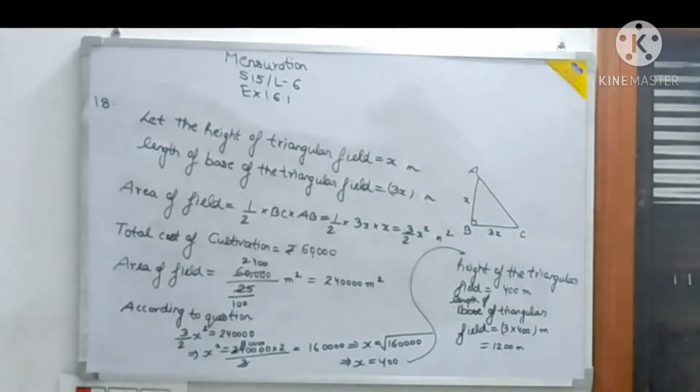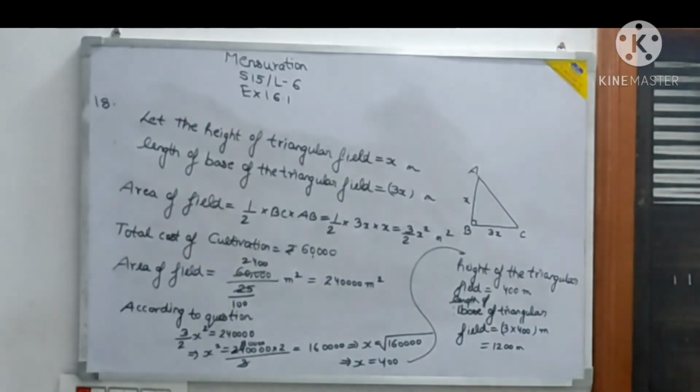Let's check if that is the answer. Exercise 16.1, question number 18. So base is 1200 meter and height is 400 meter.